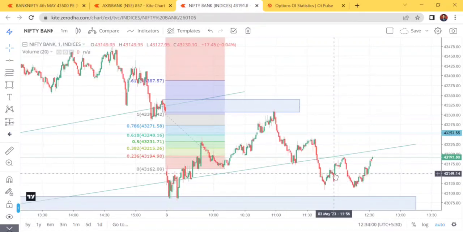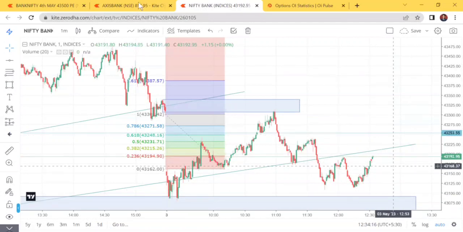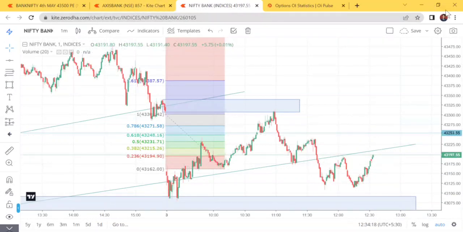I am not interested in taking any CE or PE trades now. मेरे लिए PE ट्रेड राइट आता है, मेरे लिए CE ट्रेड राइट 43,080 पे. In between जो भी मूवमेंट हो रहा है 50-60 पॉइंट का, I can actually show it live to you guys. PE का चार्ट का जो मूवमेंट होगा ना, will not corroborate with this movement, right? And I will show it to you guys also.